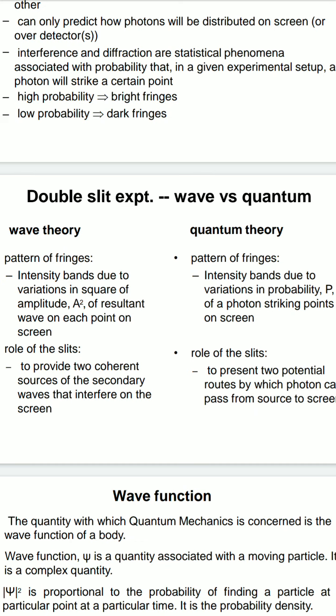At the two slits, two coherent light beams are emitted at the same time, and they interfere with each other. So the two coherent sources are the secondary wave sources that can interfere on the screen.